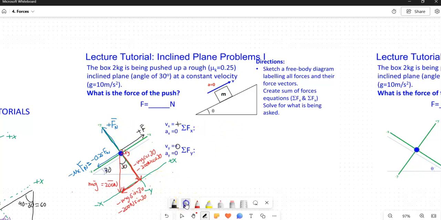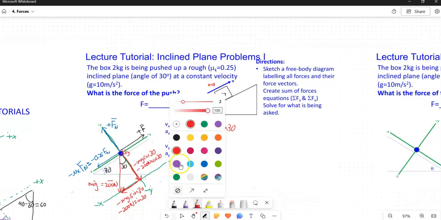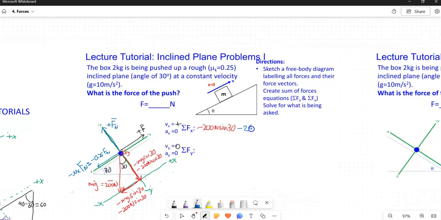So in our x direction, we have our negative 200 newtons sine of 30 degrees, our weight vector sine of 30 degrees. We have our friction vector, negative 0.25 times the normal force.